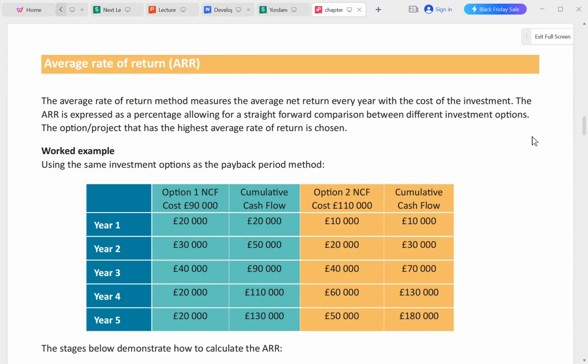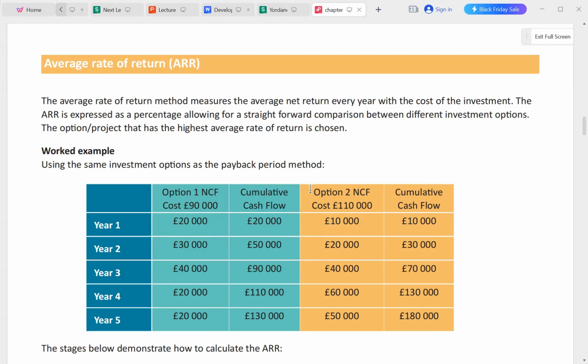Thank you, guys. On average rate of return, the ARR metric measures the average net return every year against the cost of the investment. The ARR is expressed as a percentage, allowing for a straightforward comparison between investment options. So the option or project that has the highest average rate of return is chosen.